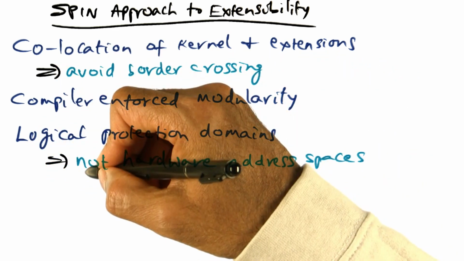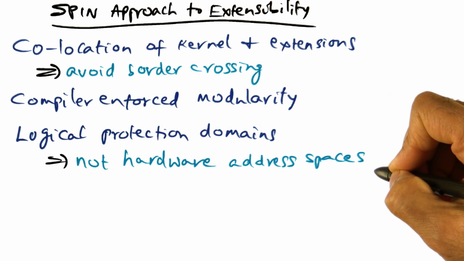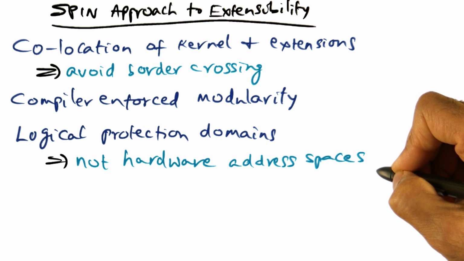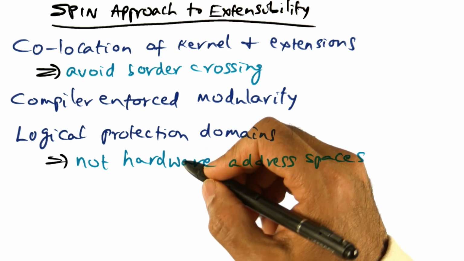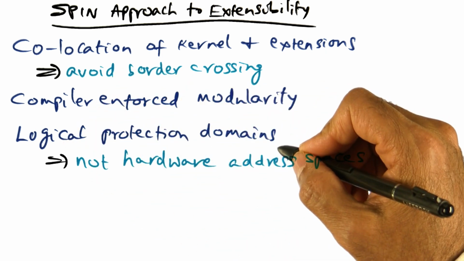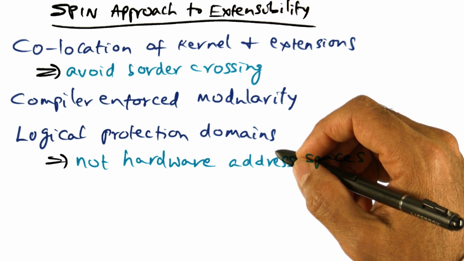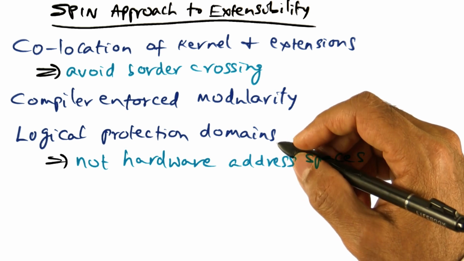That is, we are no longer reliant on hardware address spaces to provide the protection between different services and the kernel. As I mentioned, the kernel provides only the interfaces, and these logical protection domains actually implement the functionality that is enshrined in those interface functions.